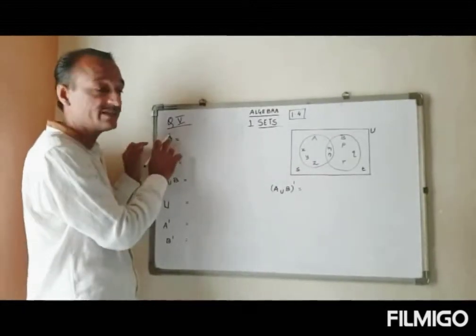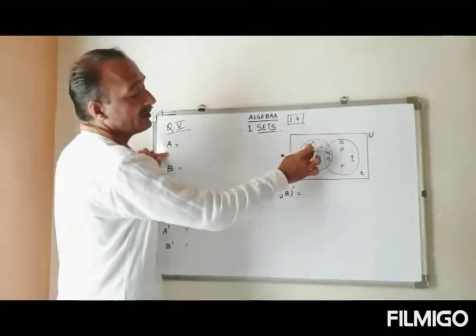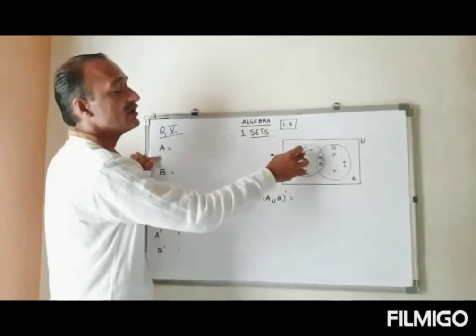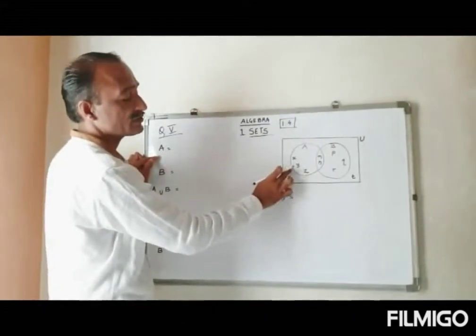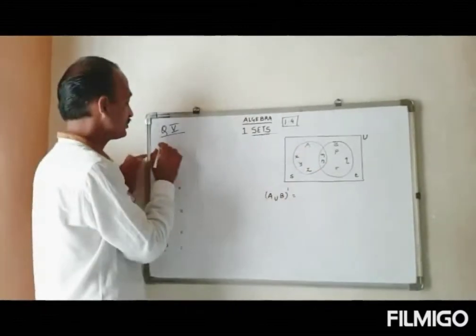It's not number of A, it's A. The elements of set A are X, Y, Z. Don't forget to write M and N also.